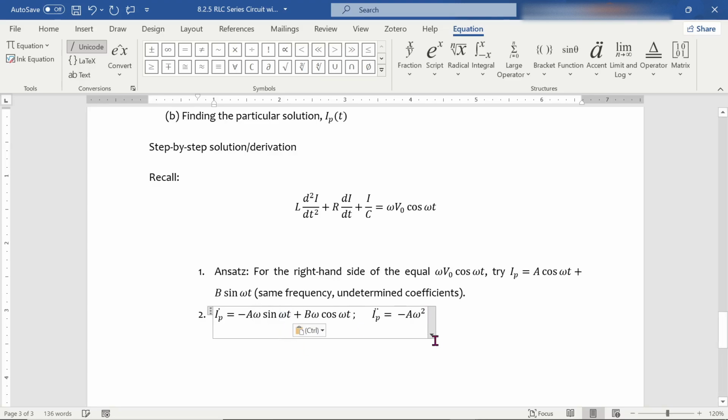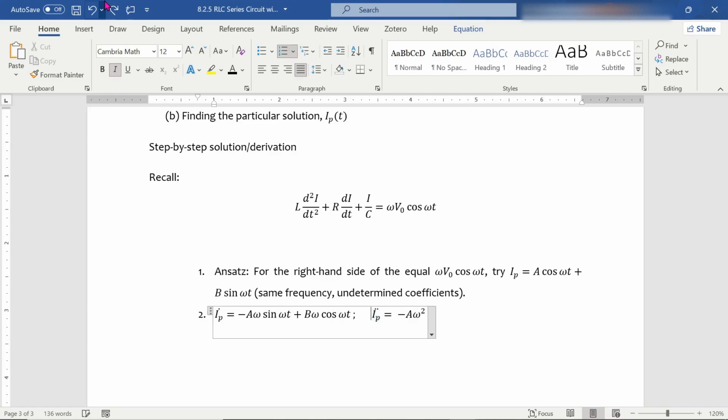So for the second derivative, we have negative a omega squared, the derivative of sine is cosine, so that's cosine of omega t, minus b omega squared sine of omega t.